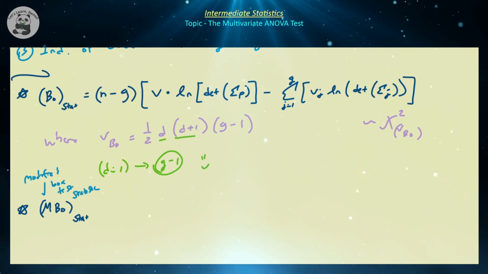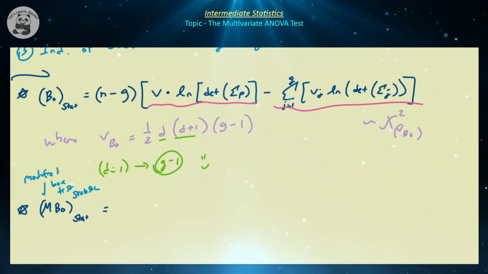And all I'm going to do is scale this new natural log determinant object by a different number, and this is going to take into account the dimensions that we're working in. Because if you look at the box statistic, you don't see any letter d here to represent the number of dimensions. So even as you increase d, this box test statistic doesn't really take that into account, aside from the degrees of freedom, which slightly takes it into account, but not directly.